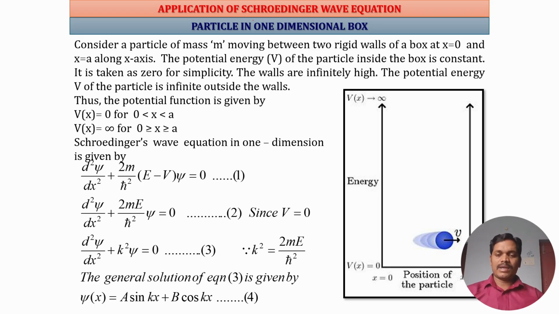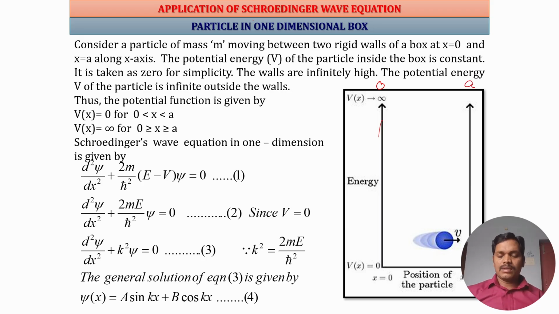Assume we are considering a particle which has mass m, kept in a deep potential well. Actually, this is the potential well. So assume a particle undergoes motion between the two ends, where the boundary condition is 0 and the width is a.